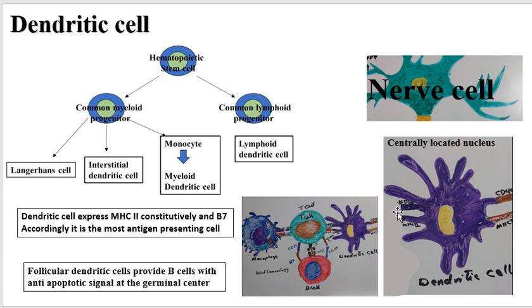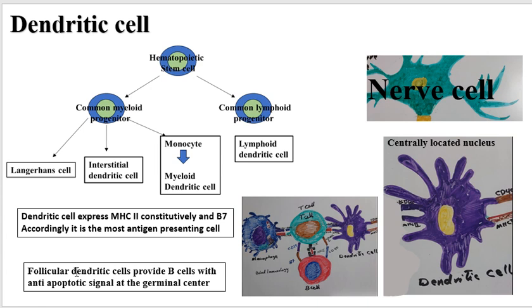So dendritic cell is a very important antigen presenting cell, as it constitutively expresses major histocompatibility class 2 and B7. Accordingly, they are the most important and most professional antigen presenting cell. However, there is a 5th type of dendritic cell, known as follicular dendritic cell.